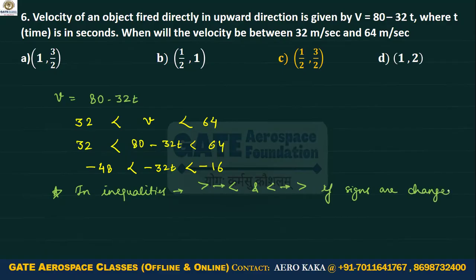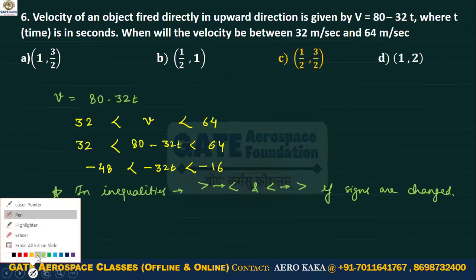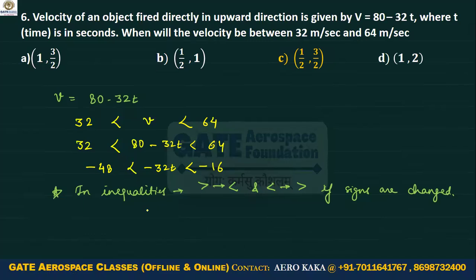So if positive becomes negative or negative becomes positive, the greater than becomes less than. The same thing is going to happen in this equation. Over here, I'm going to change the negative sign, and accordingly, this equation will entirely become like this.